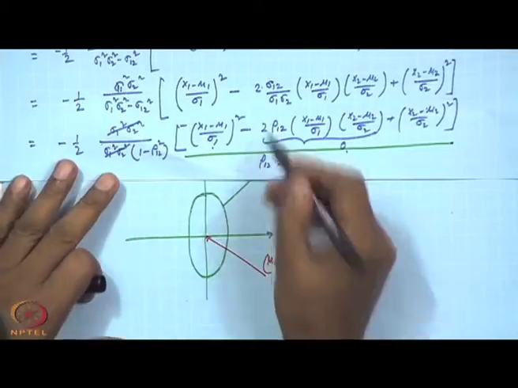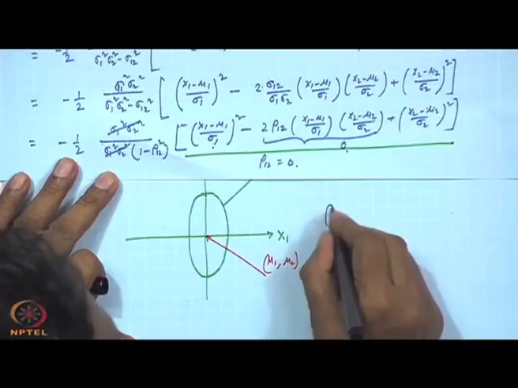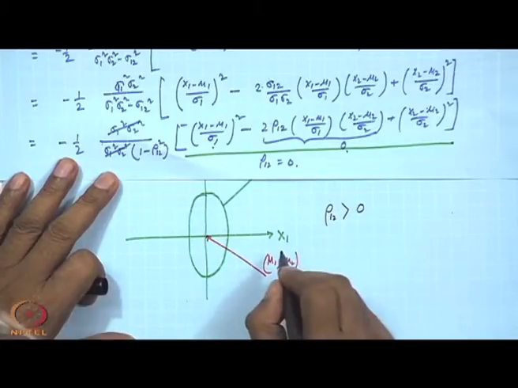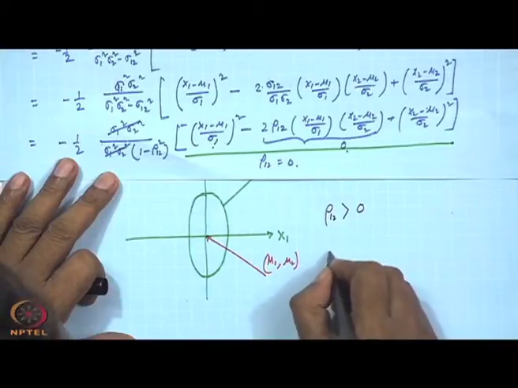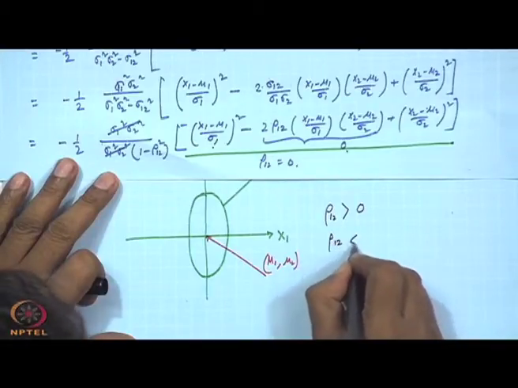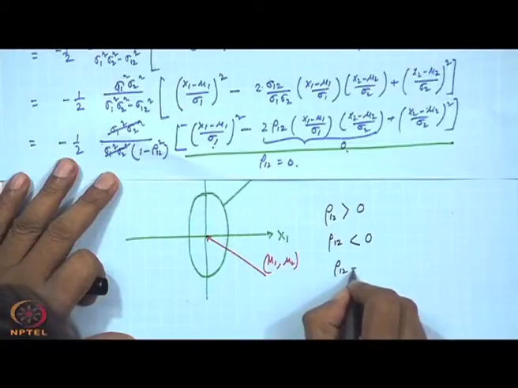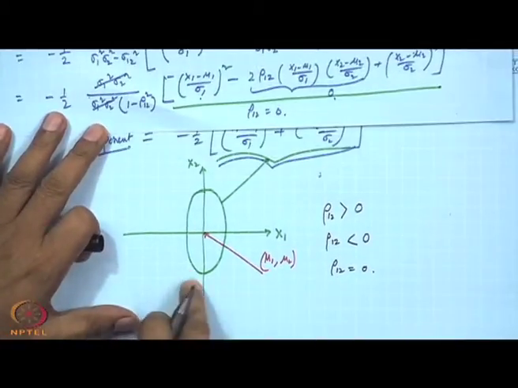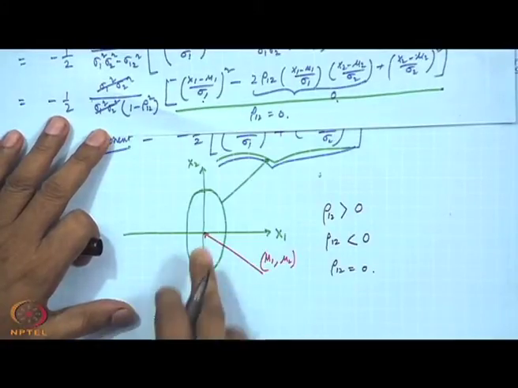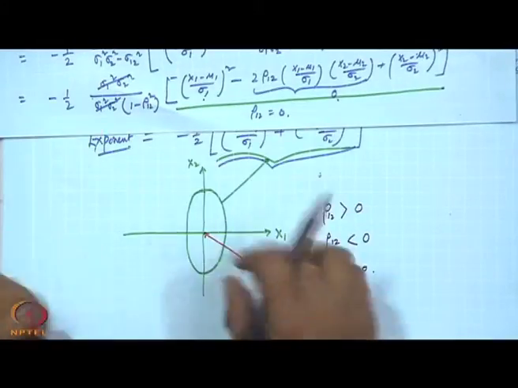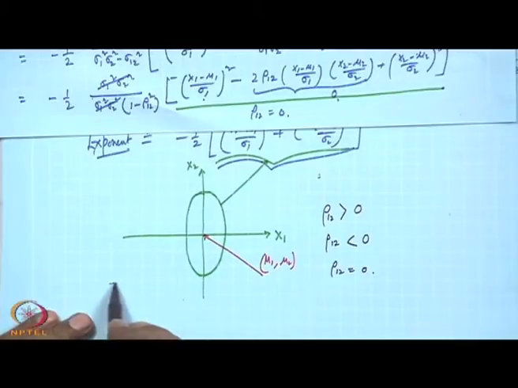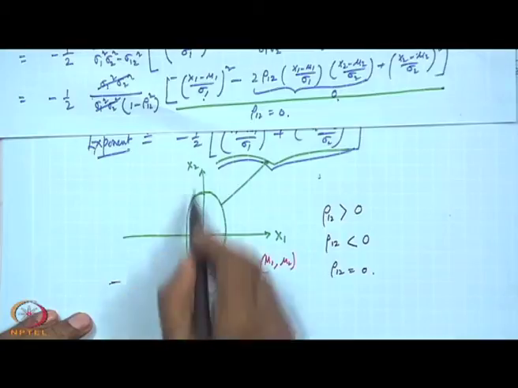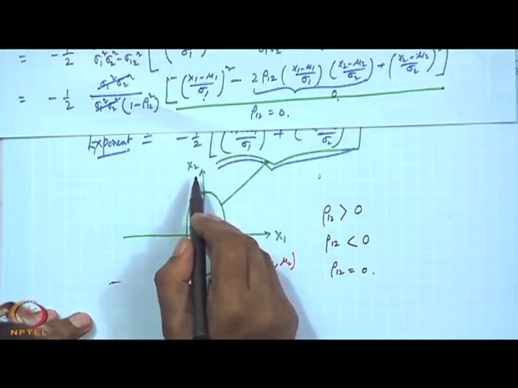So, depending on the rho 1 2 value, is it positive, is it negative, is it 0. If it is 0, this is the diagram. See, in here the major axis of the ellipse lies along the x 2 axis.